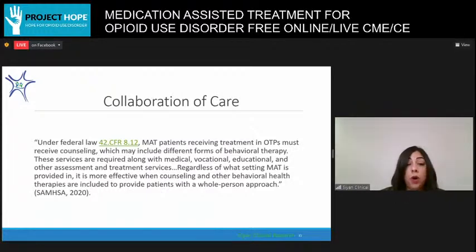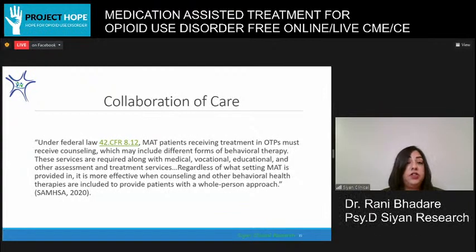These services are required along with medical, vocational, educational, and other assessment and treatment services. Regardless of what setting MAT is provided in, it is more effective when counseling and other behavioral health therapies are included to provide patients with a whole person approach.